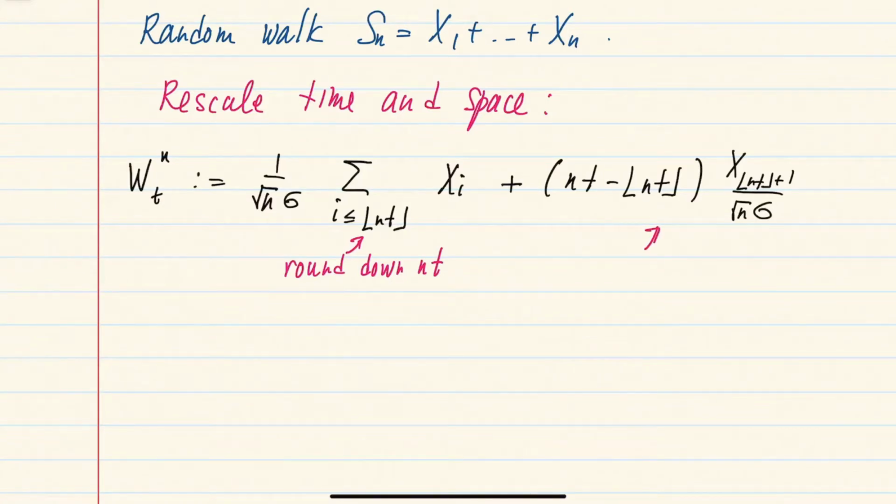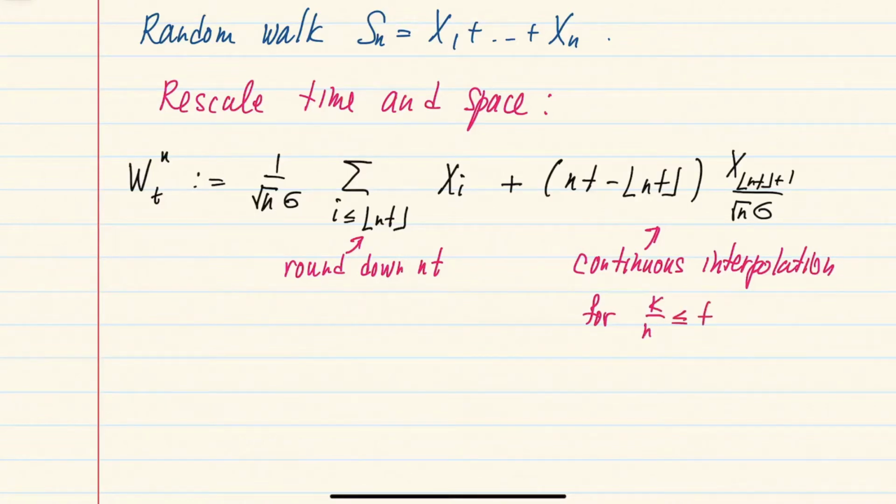This makes the process continuous in t. The purpose of this term is to be a continuous interpolation when the time parameter is between k over n and k plus 1 over n. So we define this process for all non-negative times, and our goal is to show that this continuous process converges in distribution to a Brownian motion.